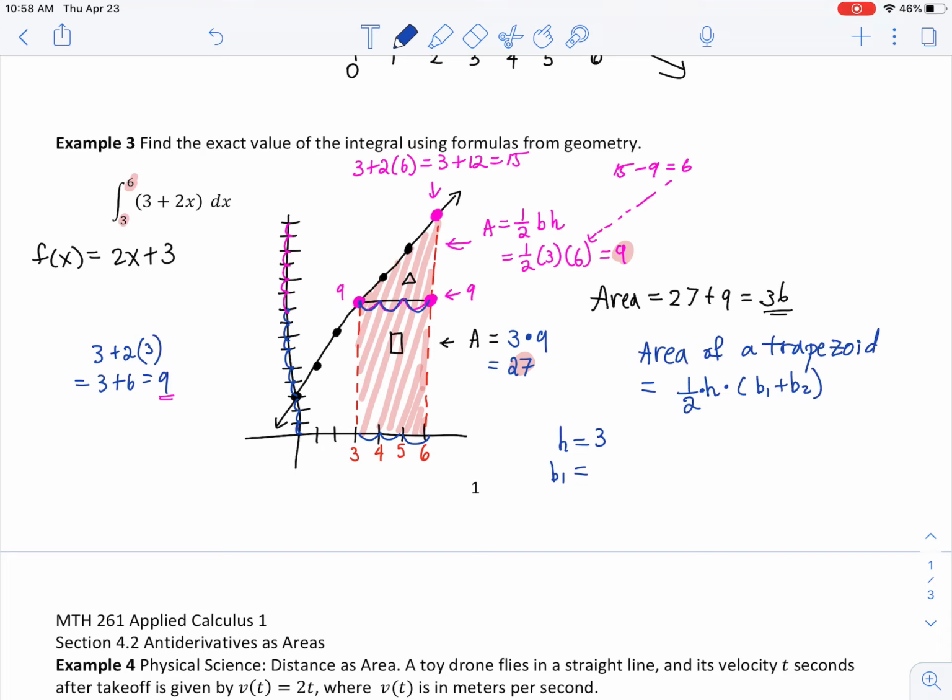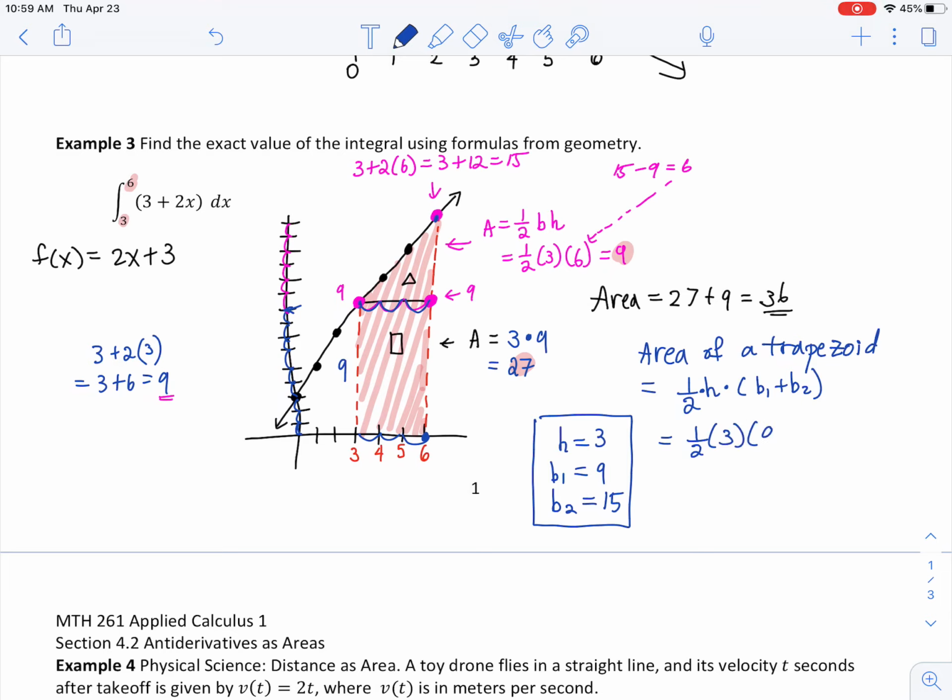And we got to identify everything where h is equal to this distance, and that was 3. And base 1 is how high up is this point. So let me count. 1, well, I already counted it. That was 9 right there. So this one was 9. Base 2 is from this point all the way to that point, and that was 15. And we got everything to plug in.